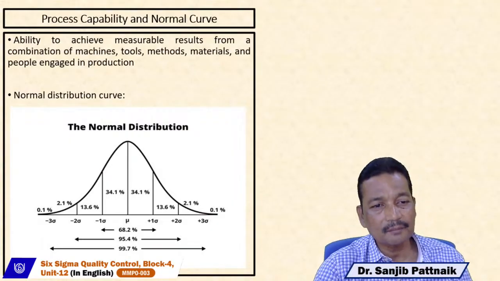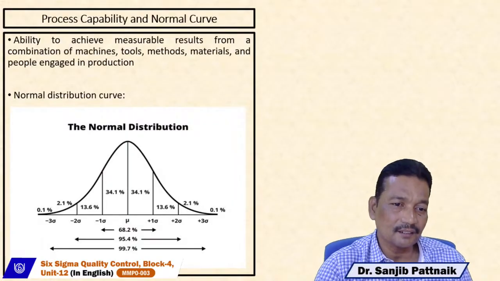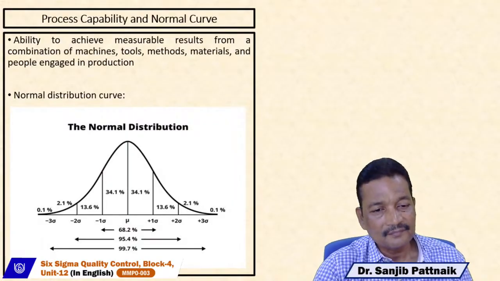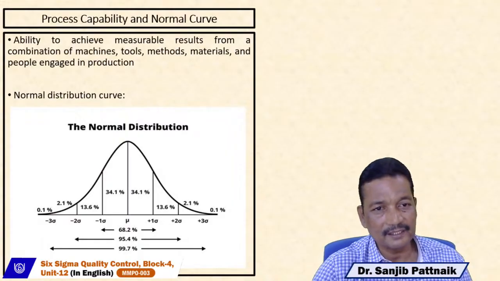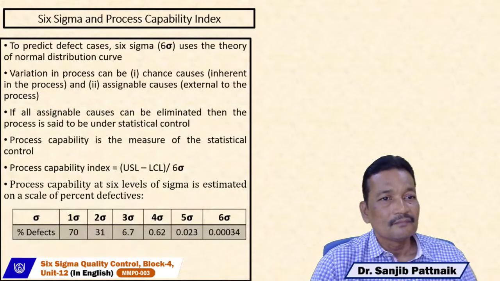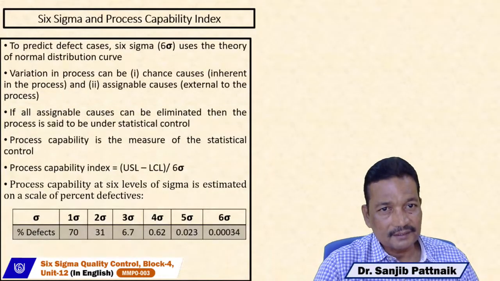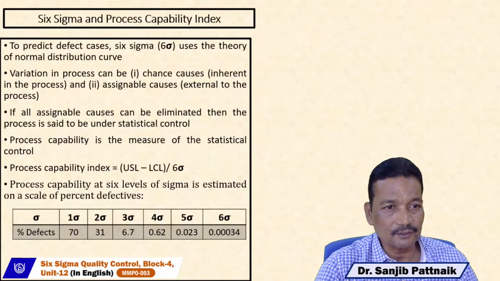Similarly, at 3 sigma level, at which most organizations are operating, 99.7% of the items will definitely be error free. To predict defect cases, Six Sigma uses the theory of the normal distribution curve.